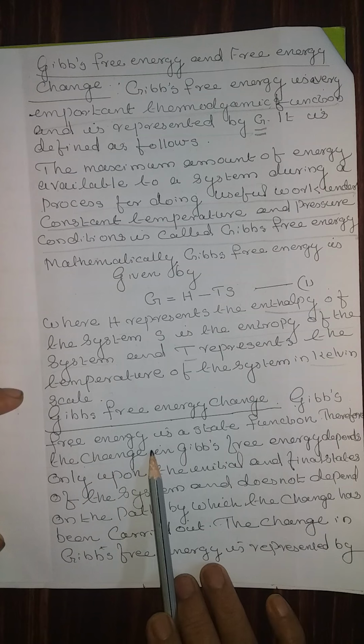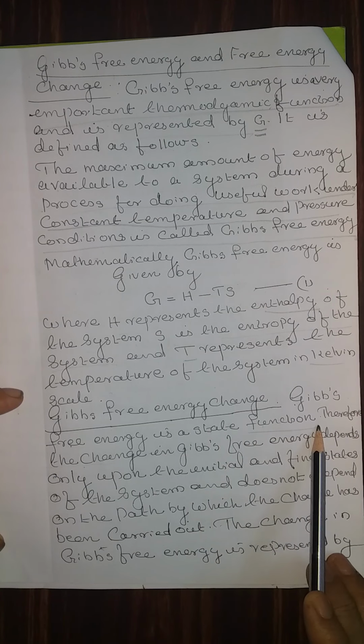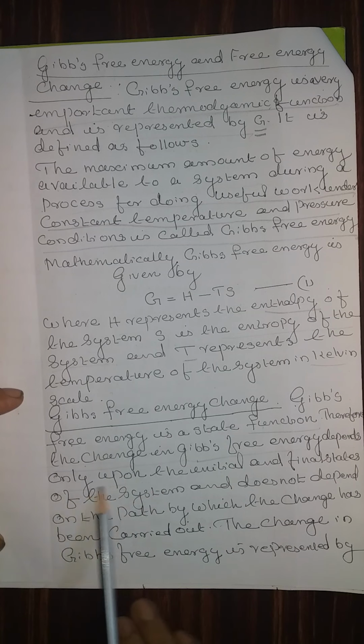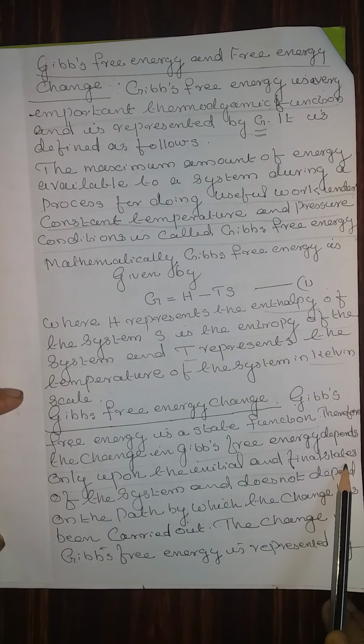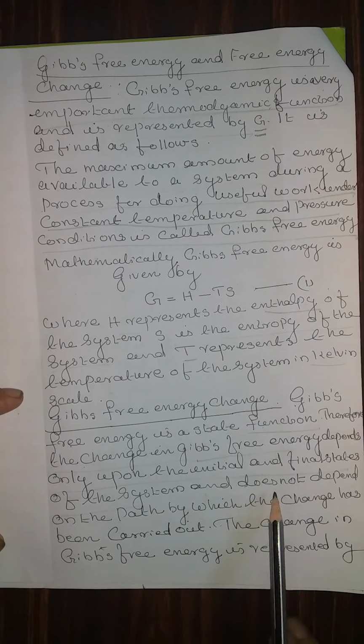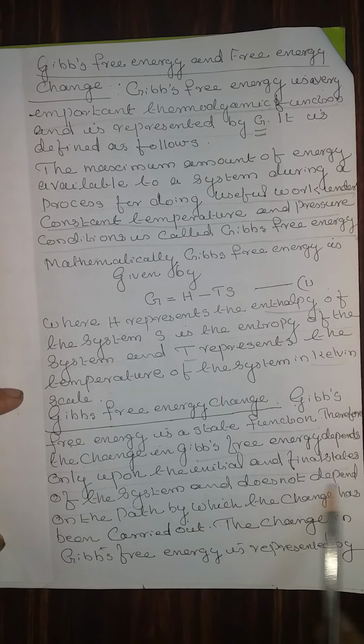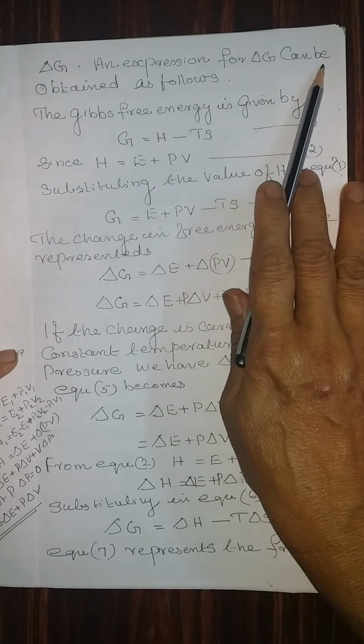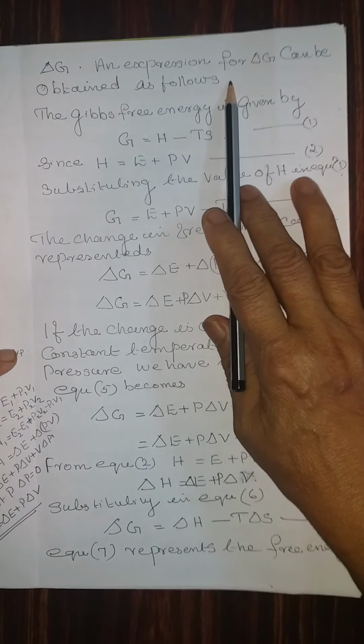Gibbs free energy change. Gibbs free energy is a state function. Therefore, the change of Gibbs free energy depends only upon the initial and the final state of the system and does not depend on the path by which the change has been carried out. The change in Gibbs free energy is represented by delta G. An expression for delta G can be obtained as follows.